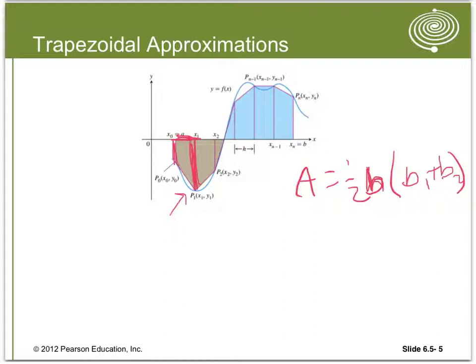You're using it once for this trapezoid that's in red and once for this trapezoid that's in blue. So you're going to be using each of those side lengths 2 different times, except for this one, which is only used once, and this one, which is only used once. But each other one is going to be used in 2 different trapezoids, one to the left of it and one to the right of it.